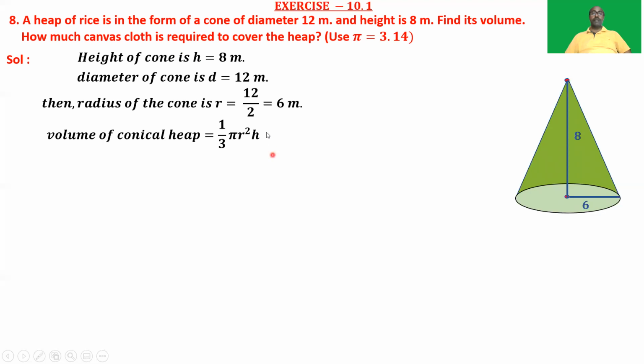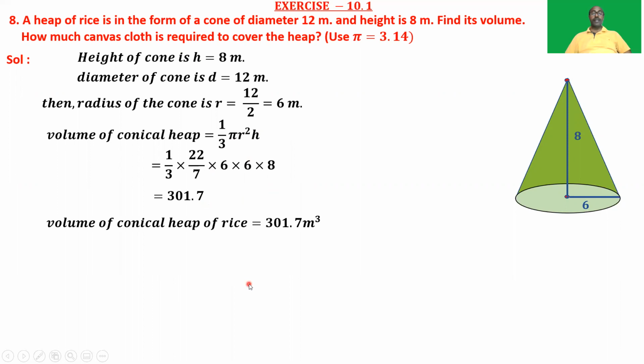Substituting the values of r and h, we get 1/3 into 22/7 into 6 into 6 into 8. By simplifying, we get 301.7. So the volume of the conical heap is 301.7 meter cube.